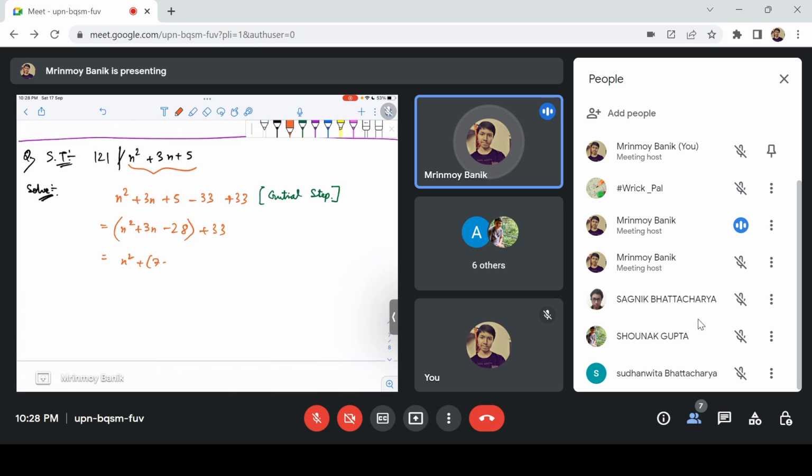So 7 minus 4, let me write directly, so n minus 4 times n plus 7 plus 33. Now what? So now just look for divisibility by 11.